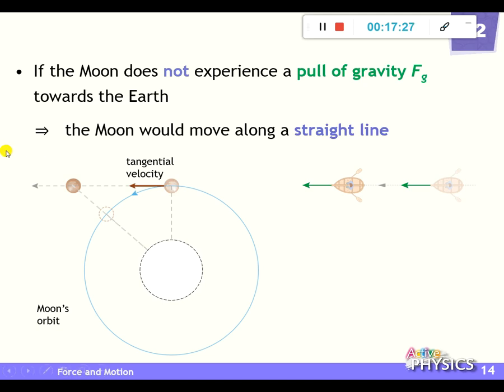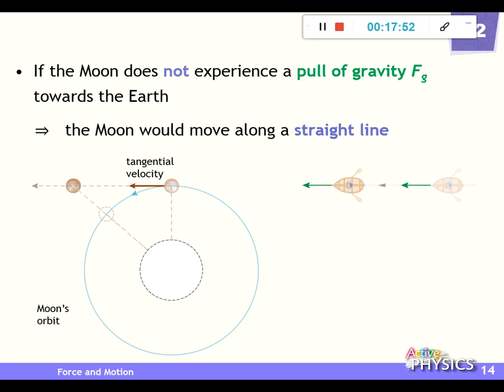Then what will happen? This ball will move in the tangential direction, okay. But now, if the moon does not have any pulling force from the Earth, then what will happen for the moon? Moon will move along a straight line. This direction we will say is the tangential direction.